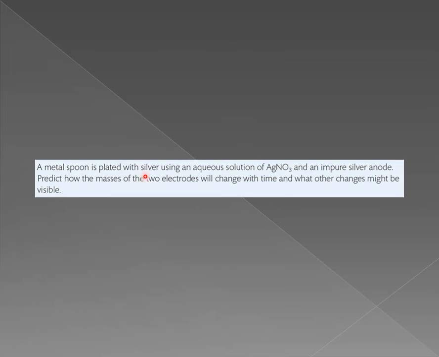A metal spoon is plated with silver using an aqueous solution of silver nitrate and an impure silver anode. Predict how the mass of the 2 electrodes will change with time and what other changes might be visible. For plating any metal, it must be at the cathode during the electrolysis.